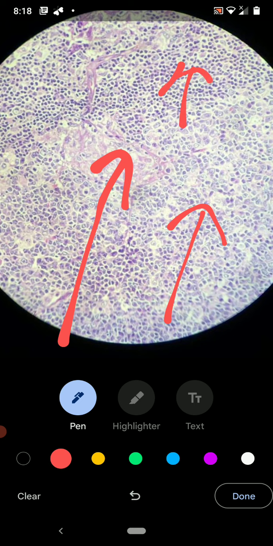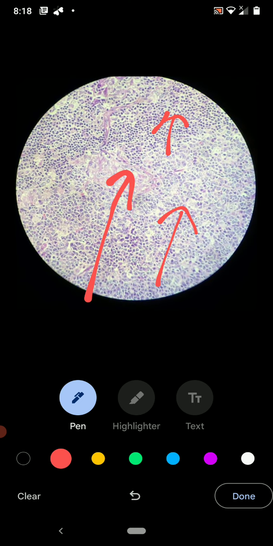And here again we can see monocytoid B cells with round dark nucleus and abundant clear cytoplasm.